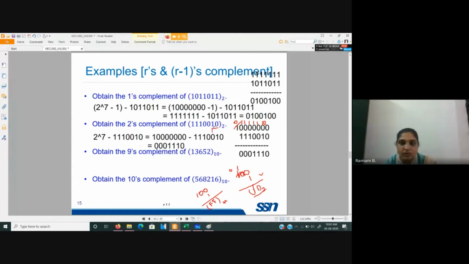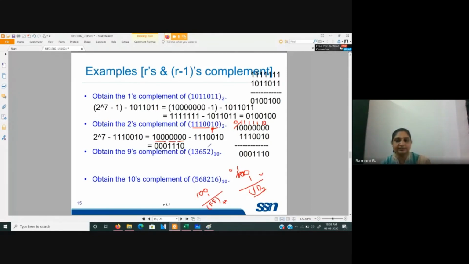I am encountering the first one over here. So till that point, I will have the values as they are in the 2's complement. So I have this 1 0 as such. The remaining bits, the first three ones and the next two zeros, will be inverted. So I have three zeros and two ones.